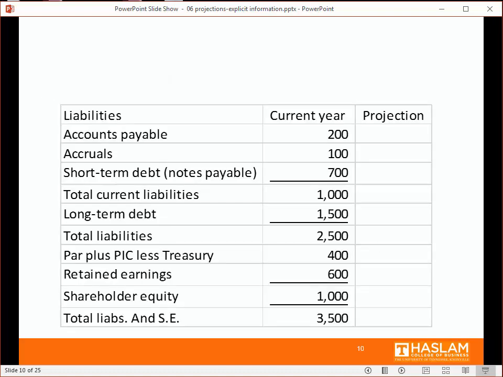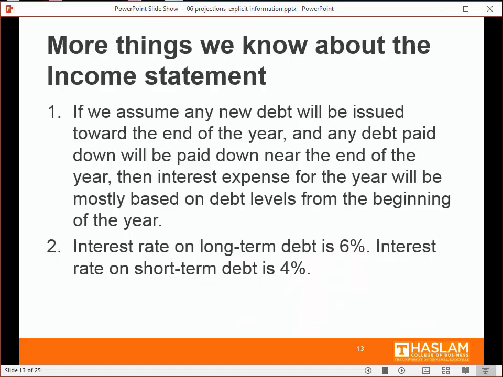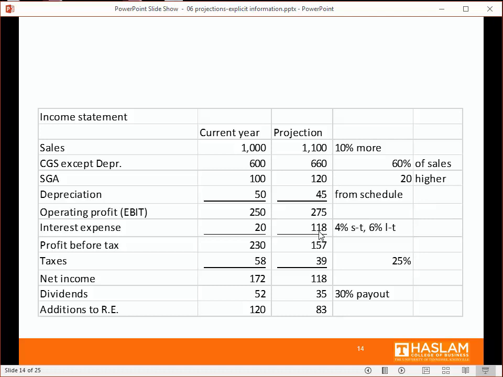We know that on the liability side of the balance sheet, we already had short-term debt of $700, and we had long-term debt of $1,500, and so we can use that information for projecting what interest expense is going to be in the first year of projections, or a total of $118.